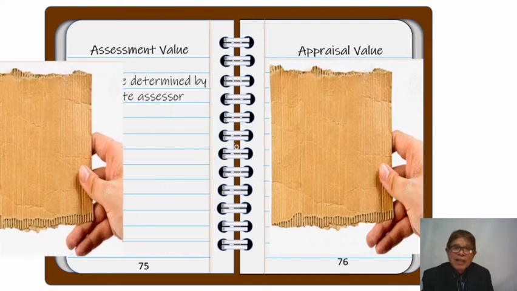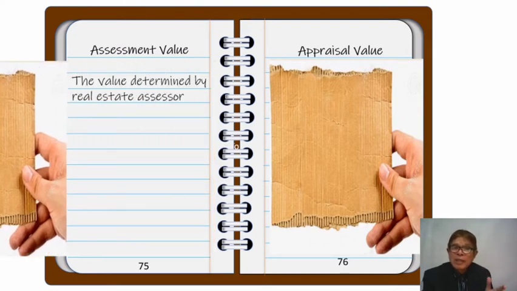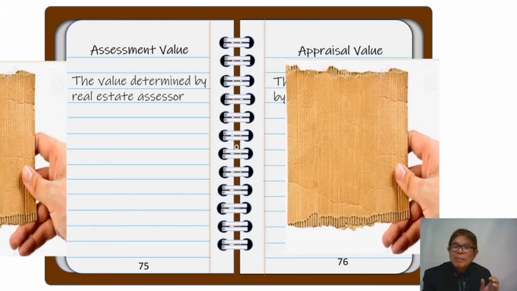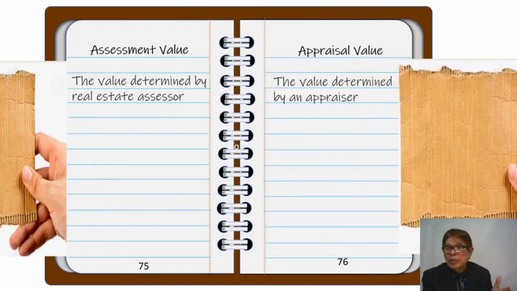What is the difference between assessment value and appraisal value? Assessment value is the value determined by the real estate assessor, whereas appraised value is the value determined by an appraiser. You will see this assessment value at your tax declaration after the assessor has assessed your property.